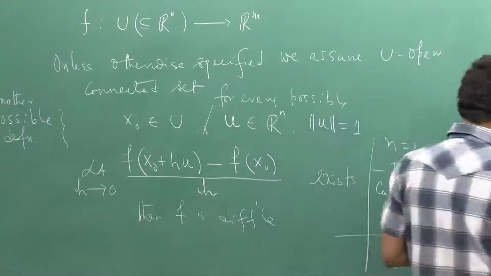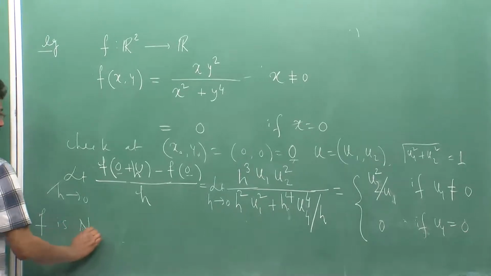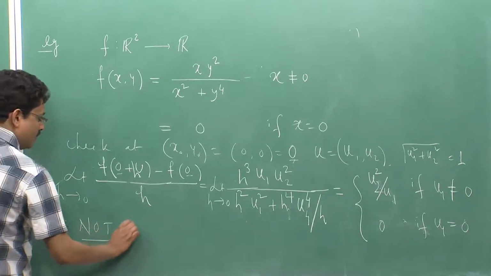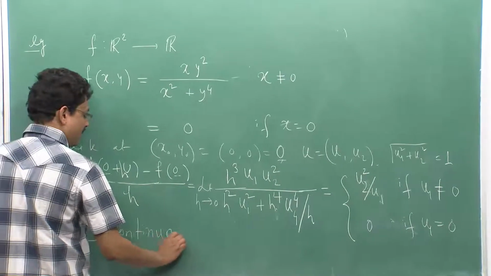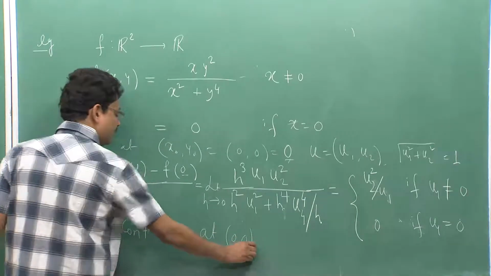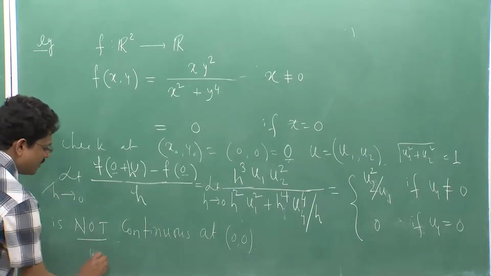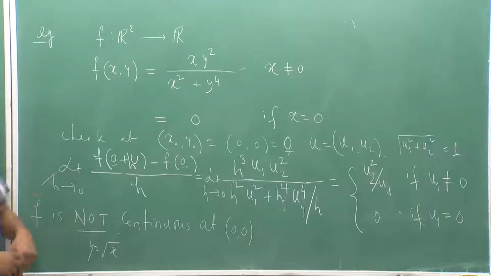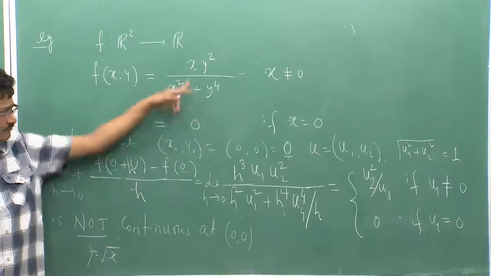you can easily check f is not continuous at 0 0. Why? You just approach through the line y equal to root x, you will see that at 0 it does not match.